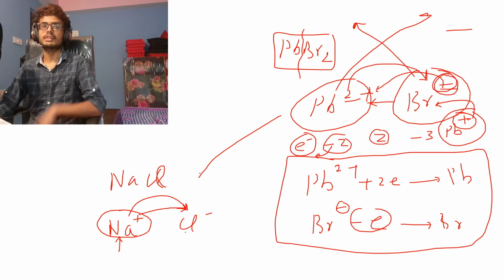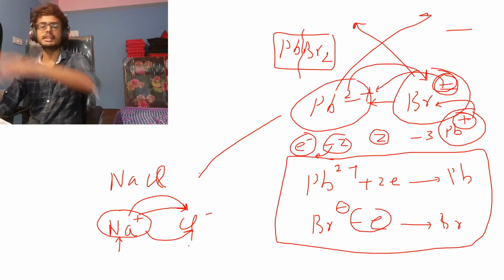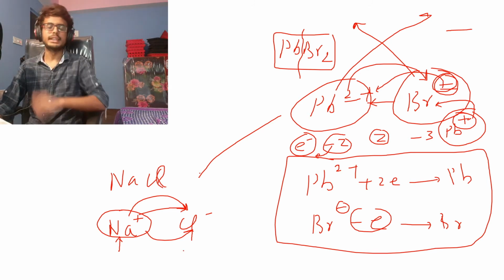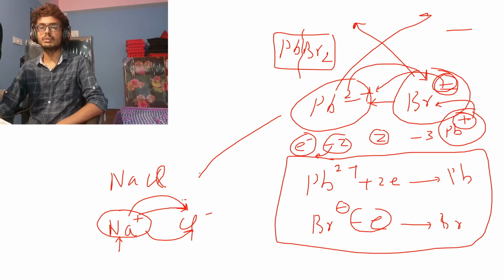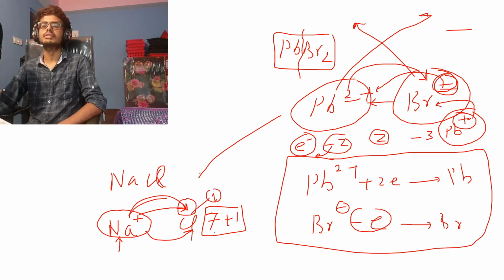There's no other reason for that. It's not that sodium gives it just because it likes chlorine. No, this is just because chlorine wants one electron because it has 7 electrons in its outermost shell, right? It needs one electron to be stable. So it demands one electron. So that electron is given by sodium because sodium has a tendency to lose electrons. So that's it.